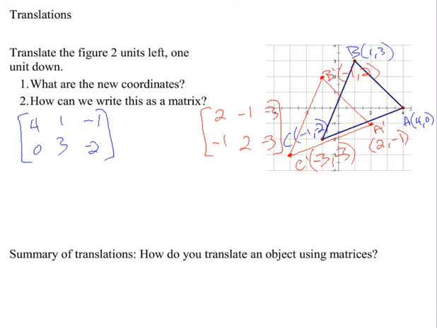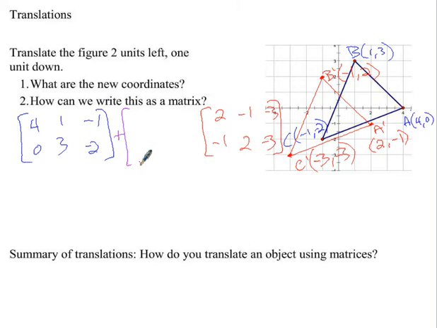How could I use another matrix to go from my blue matrix, my original matrix here, to my red matrix here? Add what? Exactly.